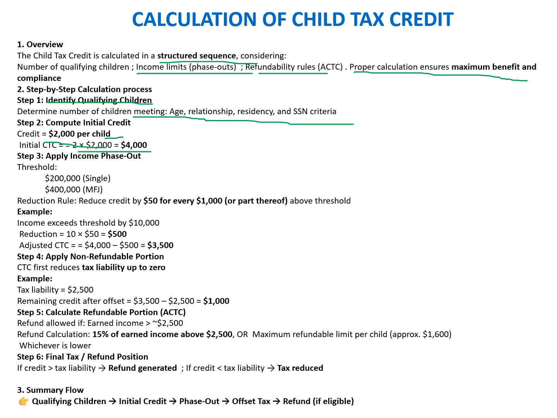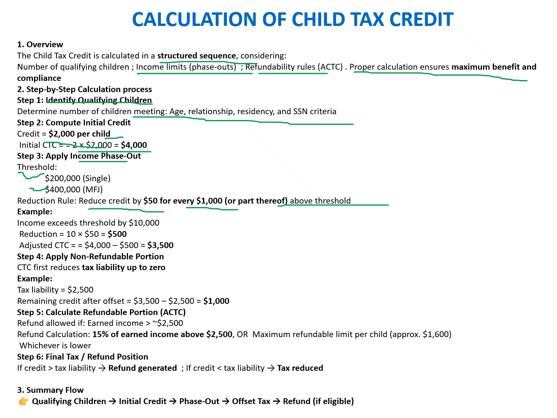Then we have to apply the income phase-out threshold, which is 2 lakh for single and 4 lakh for married filing jointly. The reduction rule is to reduce the credit by $50 for every 1000 or part thereof above the threshold. So the moment the income breaches the threshold limit, for every increase of 1000, the child credit is going to reduce by $50.